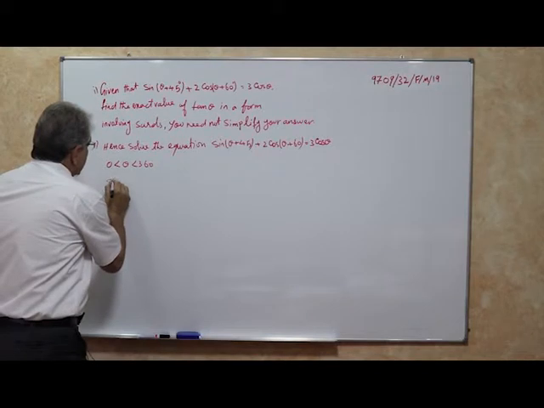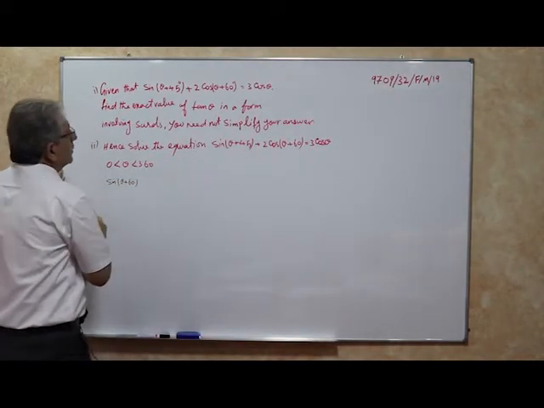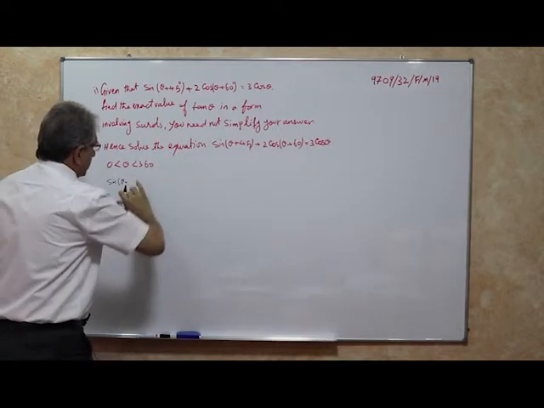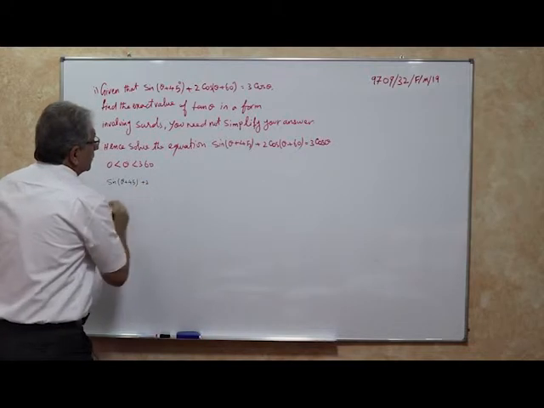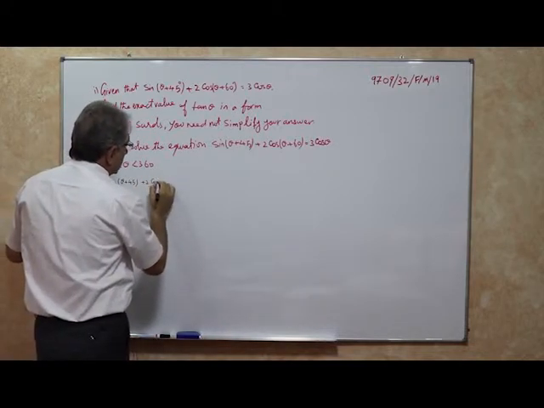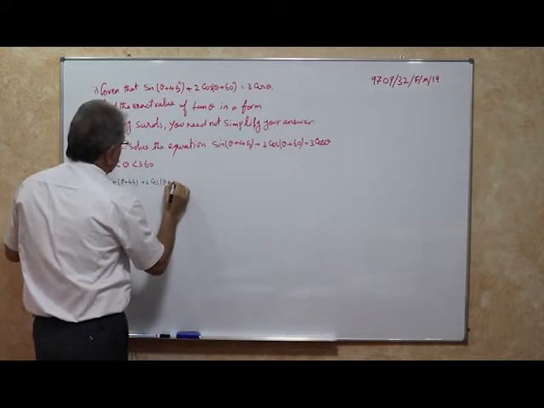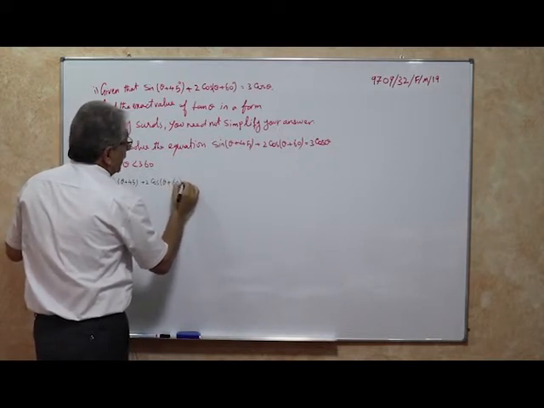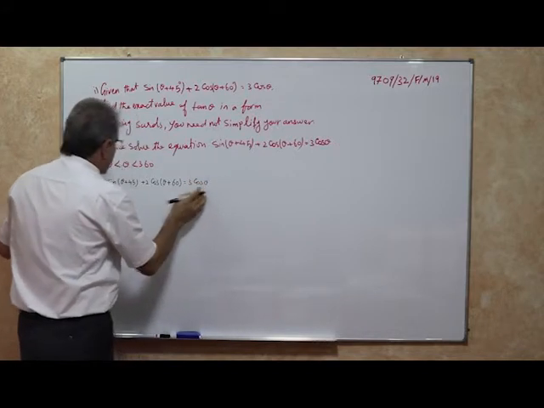We have sine of theta plus 60, no, sorry, plus 45, plus 2 times cos of theta plus 60, equal to 3 cos theta.